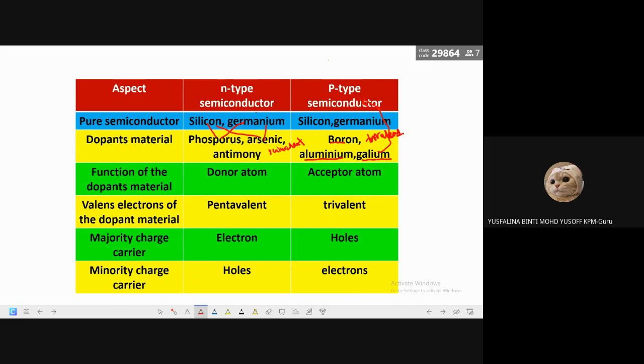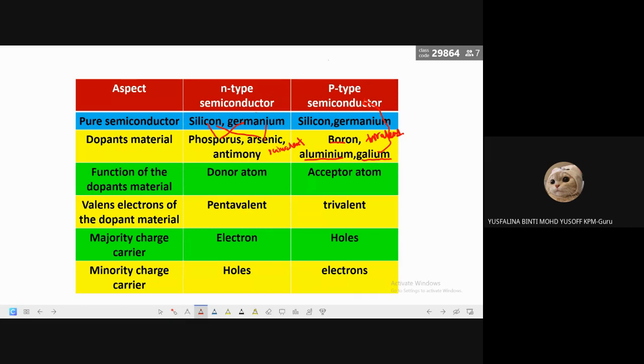After that, we can increase the conductivity, because we know a semiconductor can conduct electricity, but not that well. We want to increase its conductivity, to make the current flow through it much better. So for silicon and germanium, we have to do one process so it can increase the conductivity.